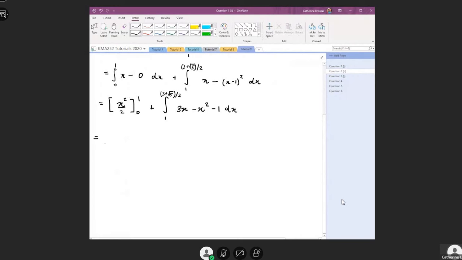So here we get half minus 0 plus 3x squared on 2 minus x cubed on 3 minus x from 1 to 3 plus the square root of 5 all on 2. And you'll see what that comes from in a moment.